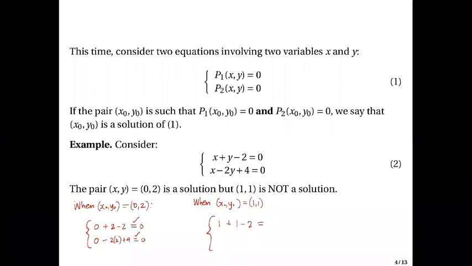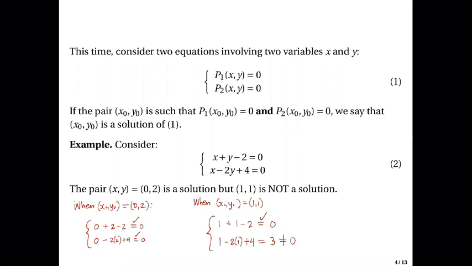In here, we will see that this is equal to 0. Okay? On the other hand, for this guy here, you have 1 minus 2 times 1 plus 4. Okay? What we will get here is what? So we have positive 3. And this is not equal to 0.